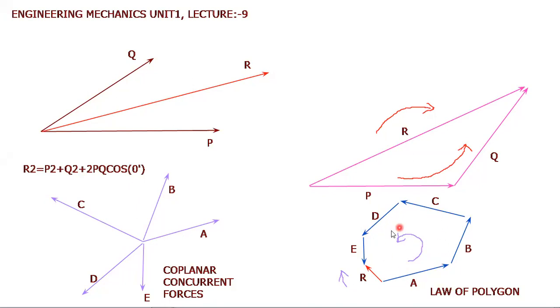And after plotting all these forces parallelly here, at the end, the starting point A and ending point E do not meet each other, and that gap is joined by the R force, which is taken in the opposite direction. That R force is nothing but the resultant of all these forces, and this is nothing but the law of Polygon.